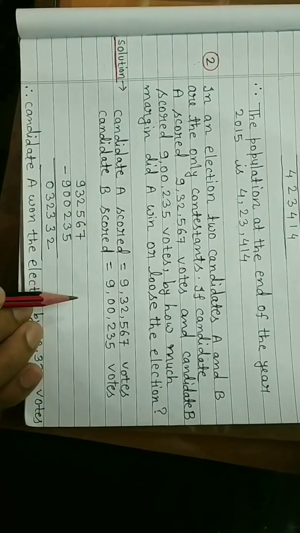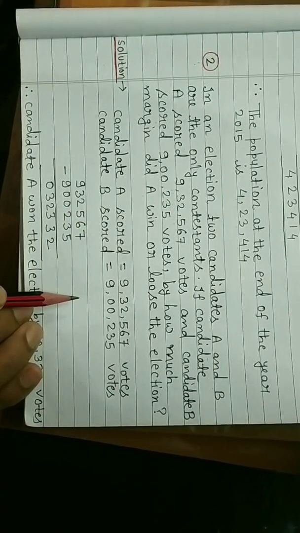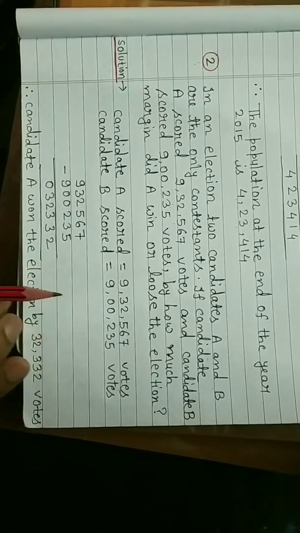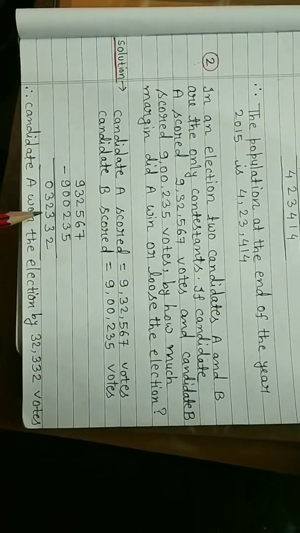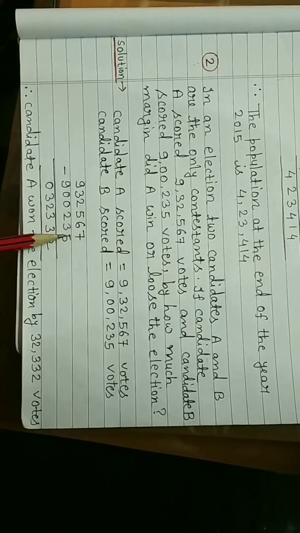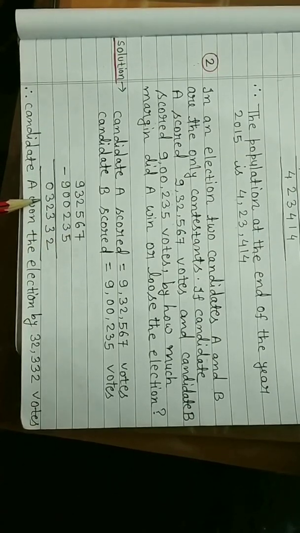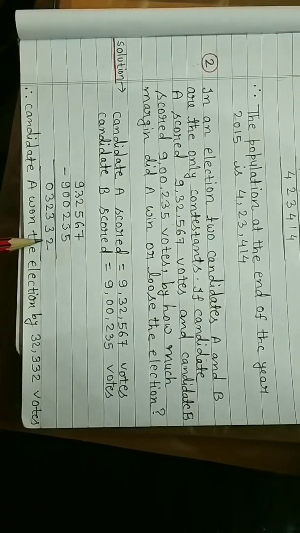Okay, now by how many votes A won the election, for that we are going to subtract these two numbers, and here I have subtracted these two numbers and the answer is 32,332.